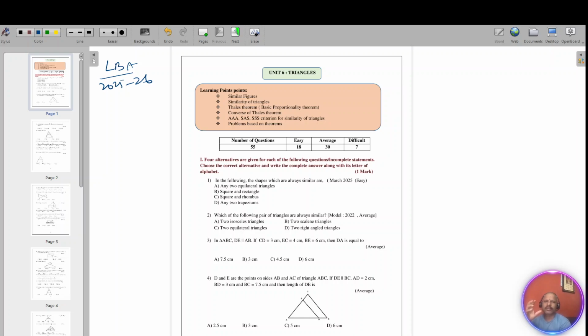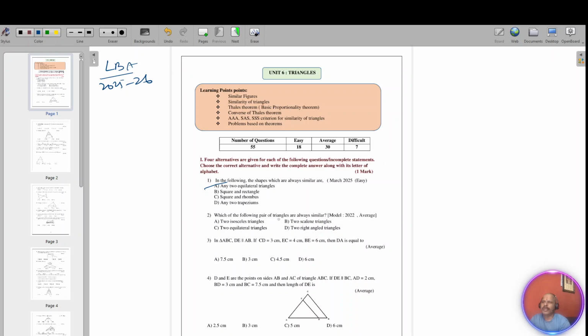It is not necessarily the same size. Corresponding angles should be equal and the ratio of corresponding sides should be in the same ratio, which means they should have the same shape. So two equilateral triangles will always be similar, because angles will be equal and the ratios of sides will be similar.